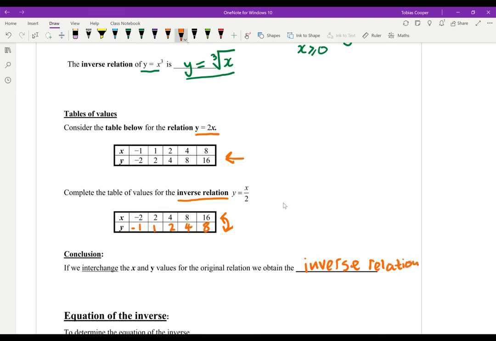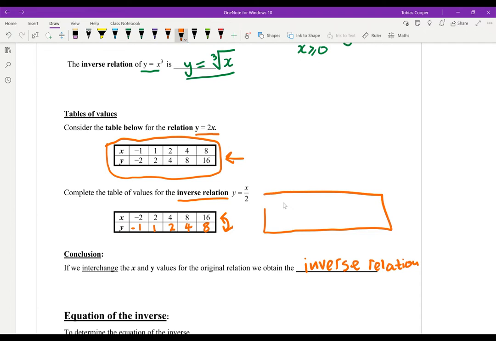Okay. So if I said to you, here's a table of values for my function or my relation, and I want you to find the table of values for the inverse relation, well, all you'd do is you would say, okay, I know that the x values and the y values are swapped over.